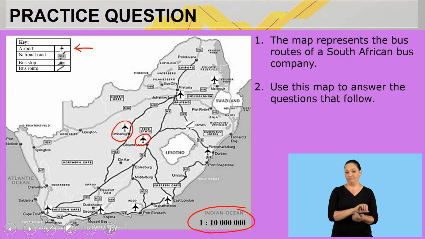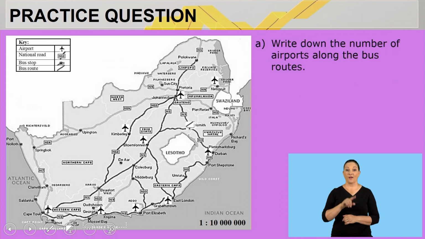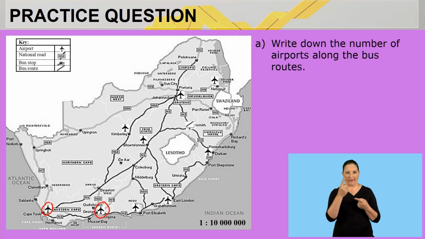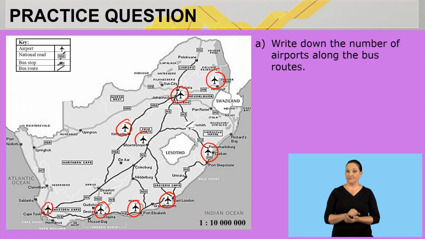Now let's look at our first question. Question A says: write down the number of airports along the bus routes. So let's see how many airports we see along the bus route. I count 1, 2, 3, 4, 5, 6, 7, 8, 9.